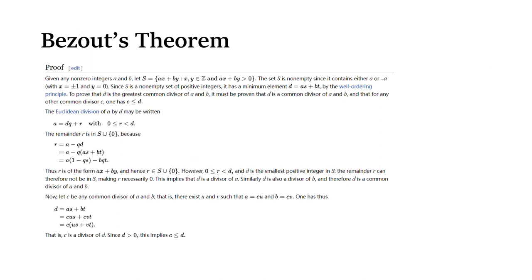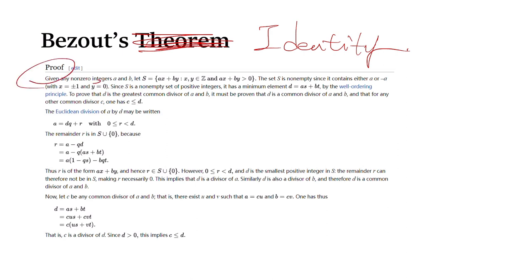So let's talk about Bézout's identity. It's not a theorem. So what does it say? Here's the statement, taken from Wikipedia.